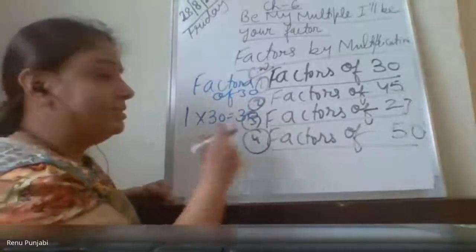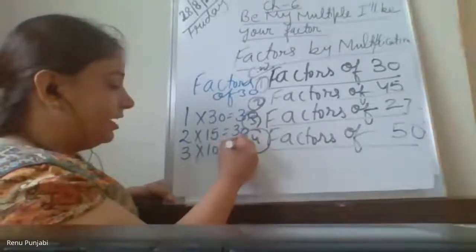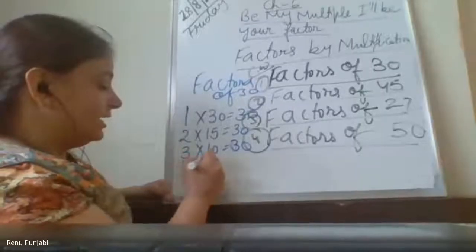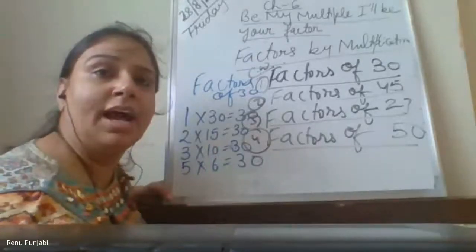Next, 30 comes in the table of 2. How many times? 2 15s are 30. 3 10s are 30. 5 6s are 30. Does 30 come in the table of 7? No, ma'am. In the table of 8?